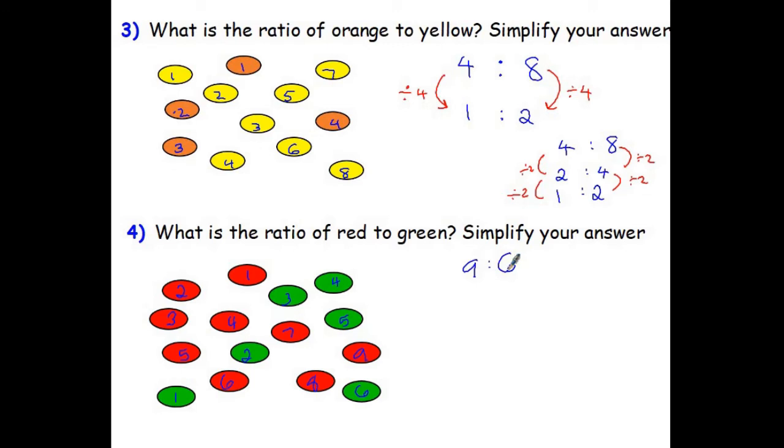So 9 to 6. Again, it's asking us to simplify, so we need to work out what goes into both. The number 3 goes into both, so we could divide them both by 3. 9 divided by 3 is 3. 6 divided by 3 is 2. And there is no other number other than 1 that goes into both of these numbers. So that is in its simplest form.